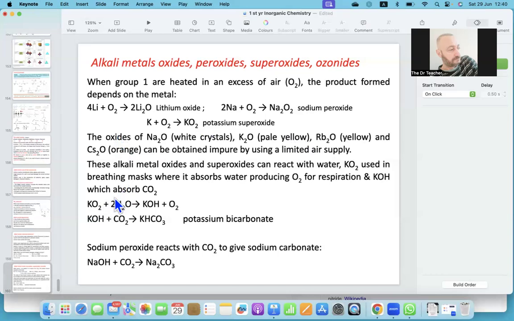Again, we can make potassium hydroxide in another reaction from the KO2: potassium superoxide with water produces potassium hydroxide. And if you add carbon dioxide, then you will form potassium bicarbonate. Sodium peroxide reacts with CO2 to give sodium carbonate.